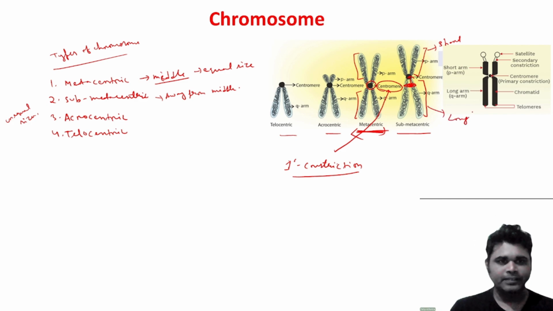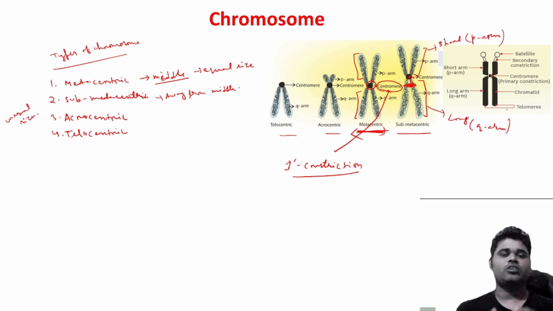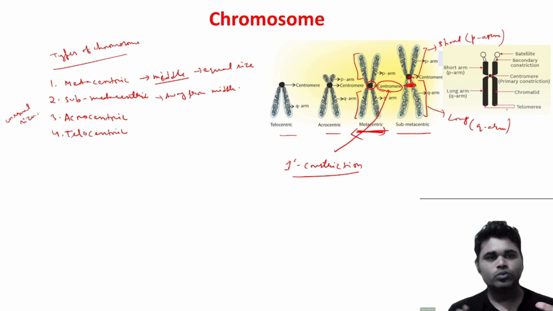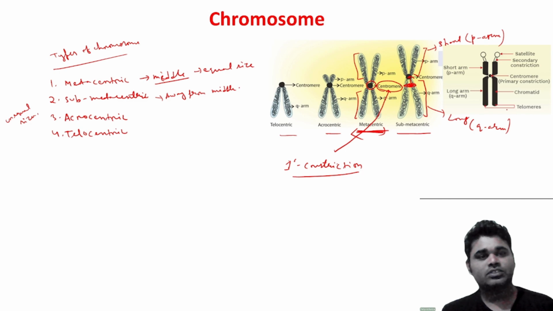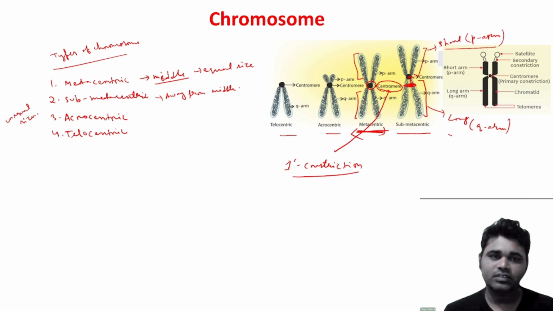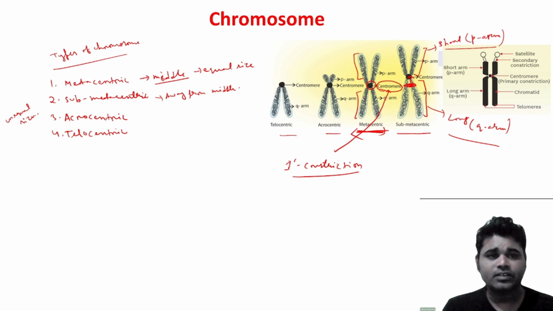The short arm is called the P arm, and the long arm is called the Q arm. So this is the submetacentric chromosome.